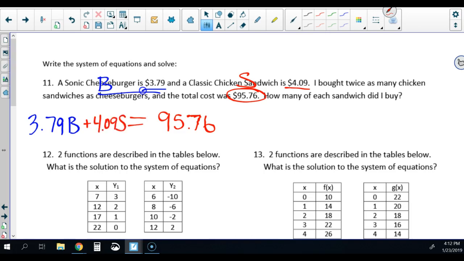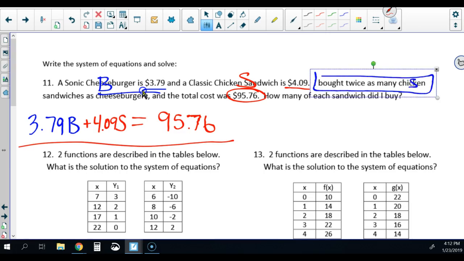It's 4.09 S, which is going to equal 95.76. There's one equation. My other equation, I buy twice as many chicken sandwiches, that's S, twice as many S's as B's. So how many S's did I buy? I bought twice as many as the burgers.